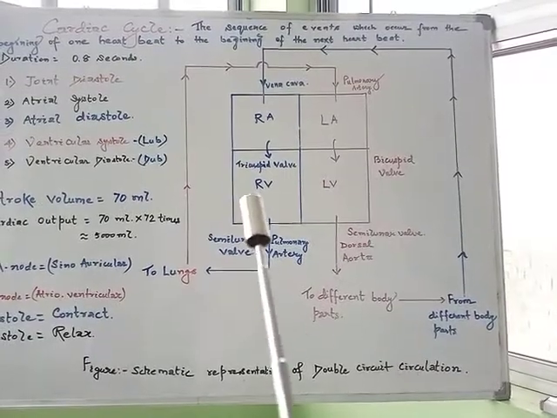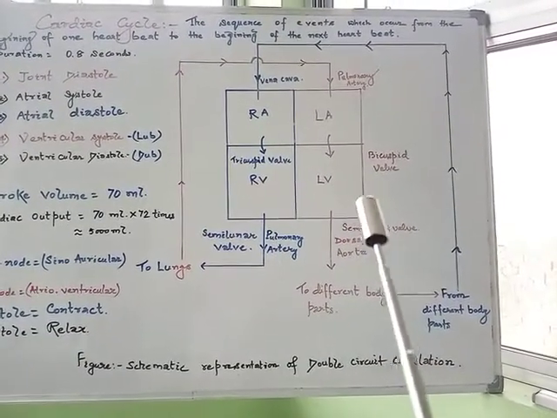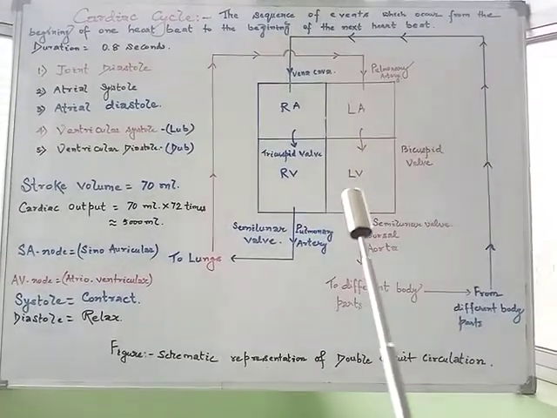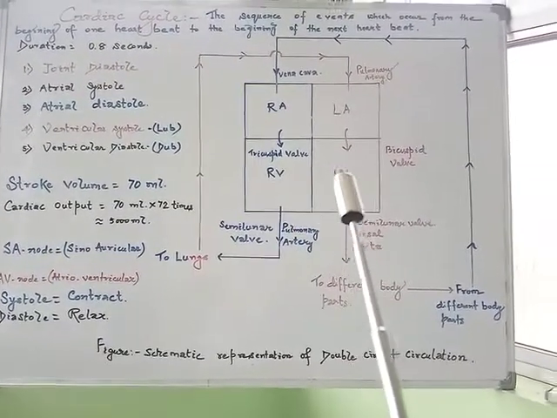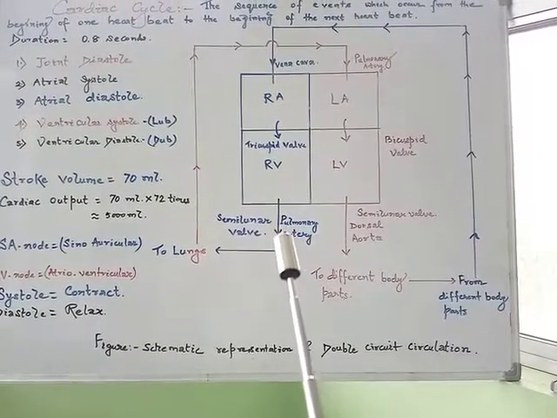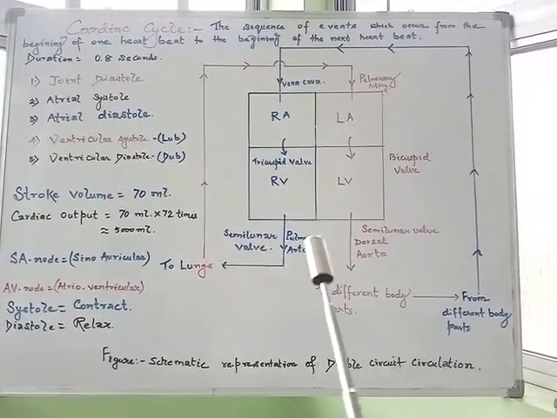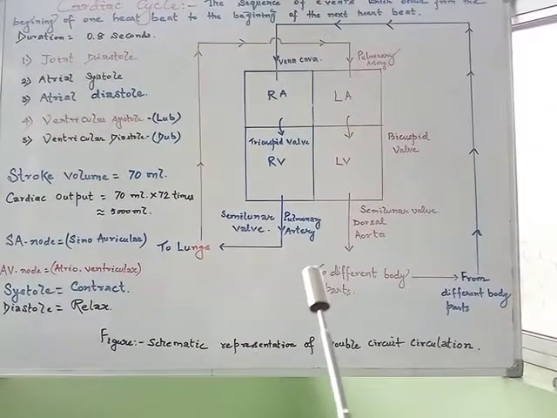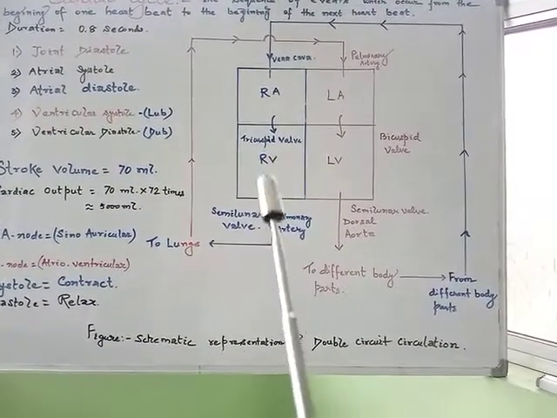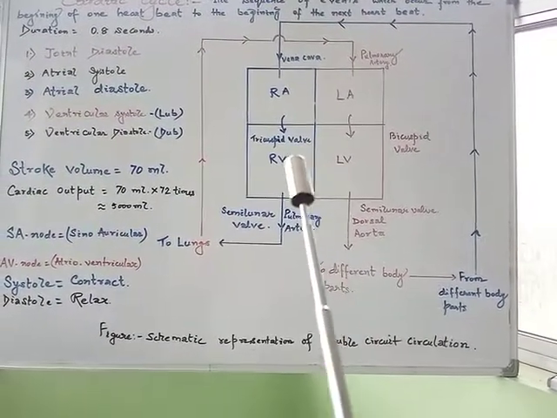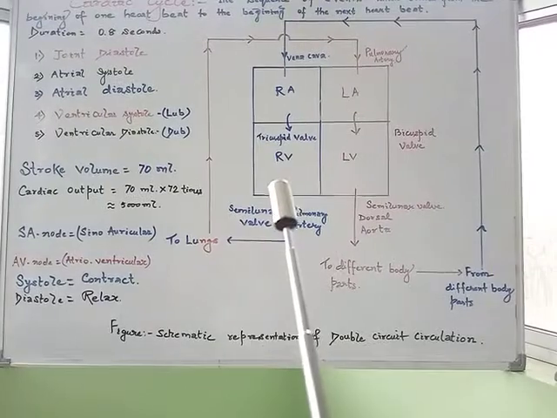There is a decrease in the ventricular pressure as the volume of the ventricles increases due to the relaxation phase. The pressure declines, and the semilunar valves guarding the openings of the respective arteries get closed to prevent the backflow of blood from the arteries to their ventricles.